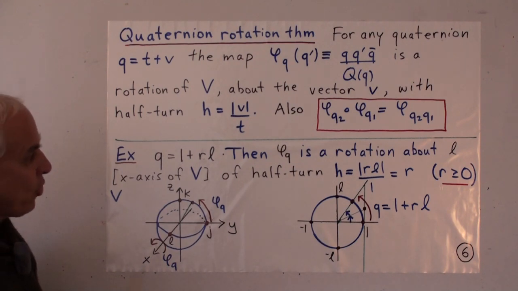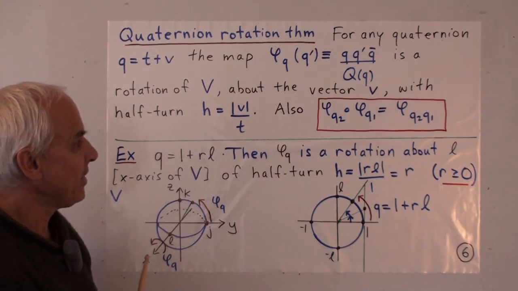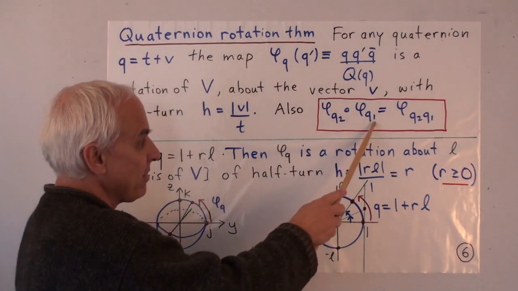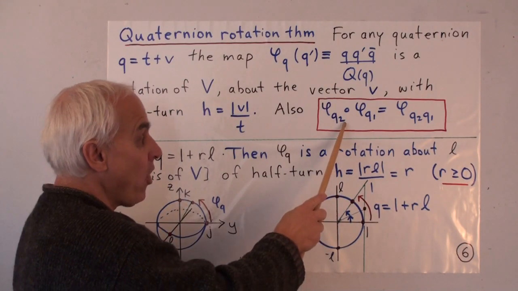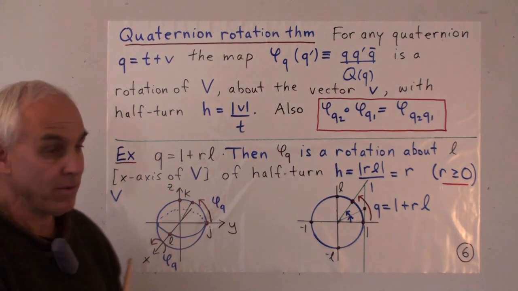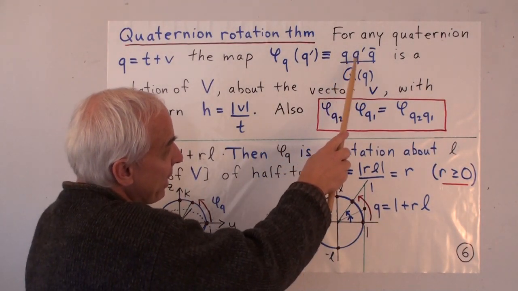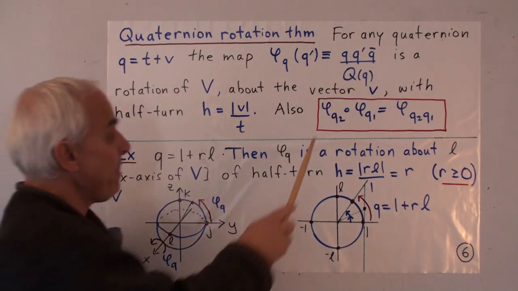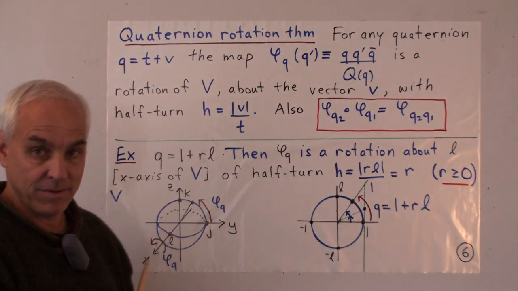And also there's this formula for the composition of two such rotations. If we rotate by the transformation phi sub q1 followed by the rotation phi sub q2, then that's what we get when we first multiply by q1 on the left and q1 bar on the right, and then multiply by q2 on the left and q2 bar on the right.